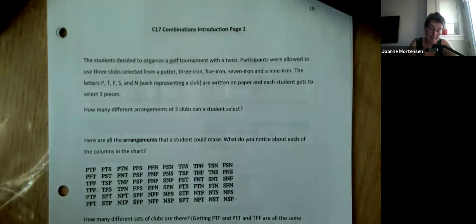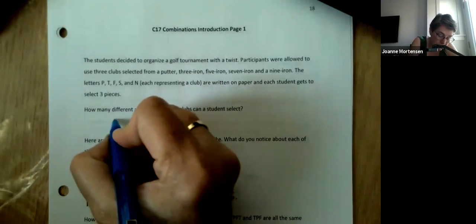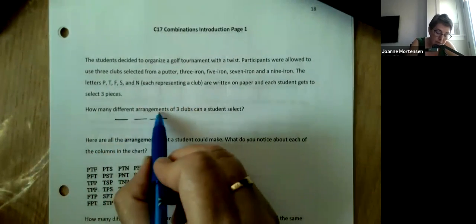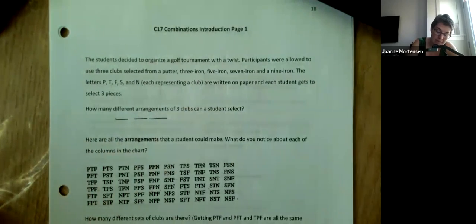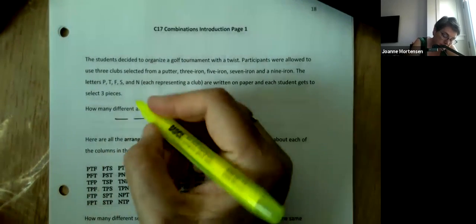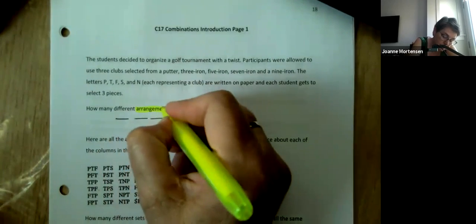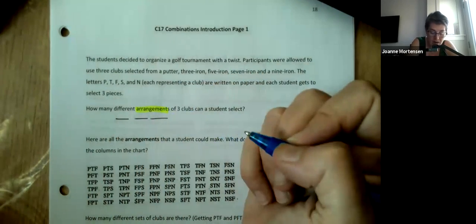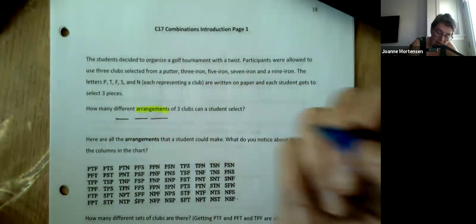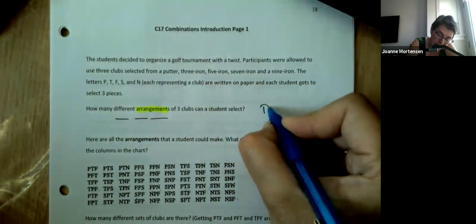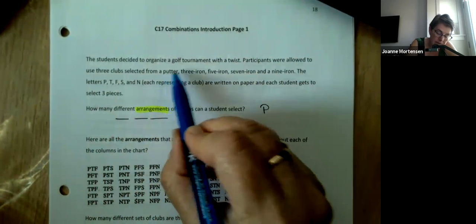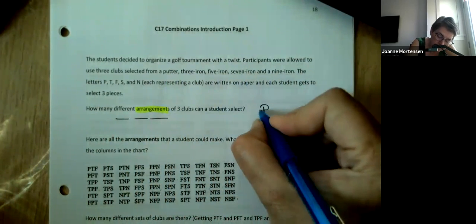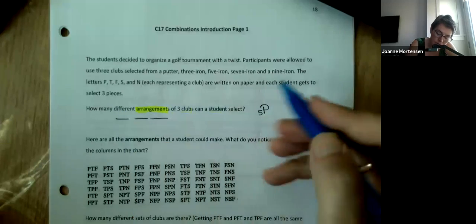Well, let's see. I do 1, 2, 3. So we're looking at arrangements. There's a magical word, and that means permutation. Or FCP. I guess I could do it much easier. Permutation. There are 1, 2, 3, 4, 5 clubs, and you get to choose 3.